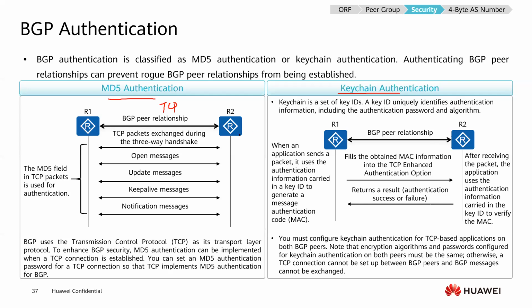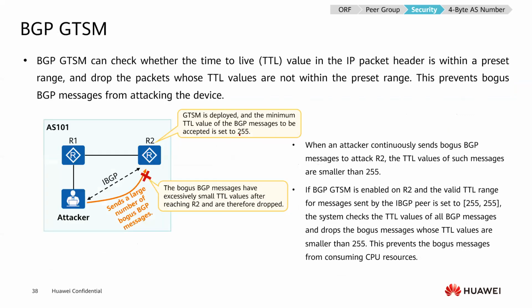So there are two modes of BGP authentication. And the BGP GTSM is just to configure the specific TTL for the IP package. So for example, the R1 and R2 are our own BGP routers, and they are one hop apart, right?